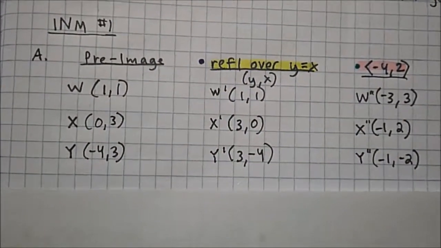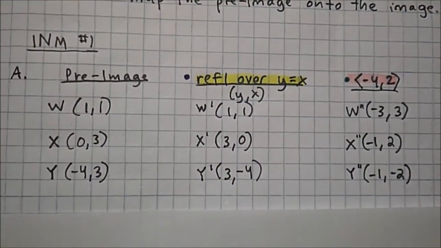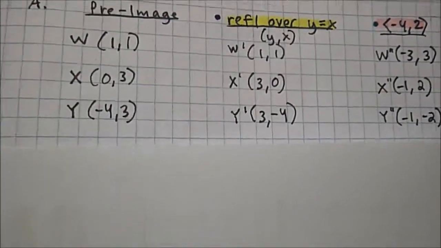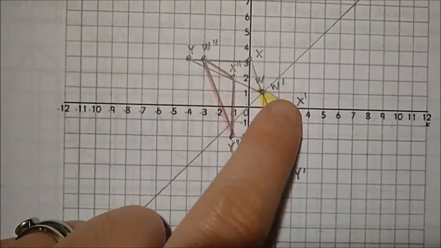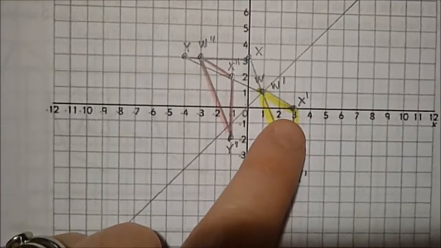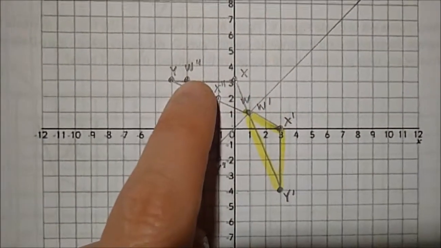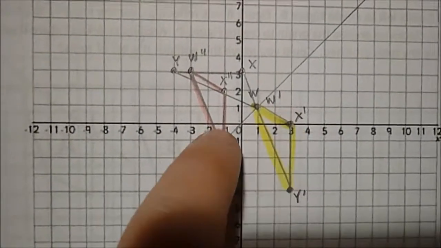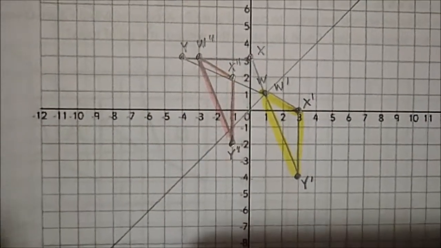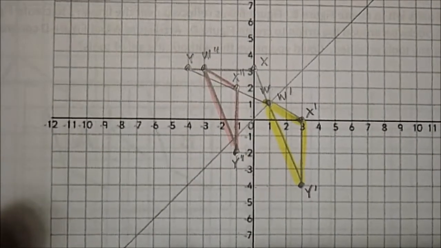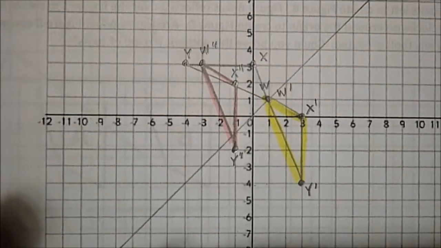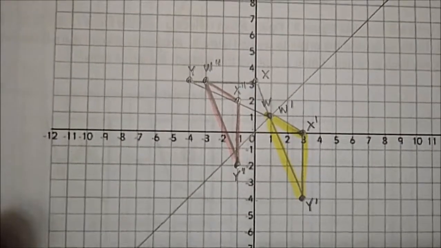That's because on my graph, I have actually drawn these corresponding images in a different color just to help me keep my work straight. So there's that first reflection, and then I translated this shape over, and you can see that vector visually here as well. My pre-image and my image are still congruent to one another, so I know I have done this question correctly.